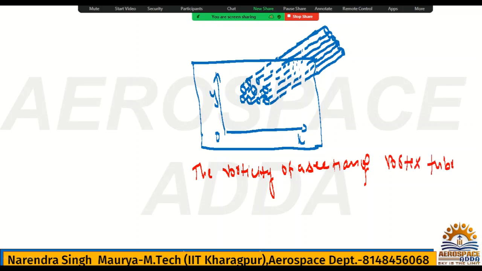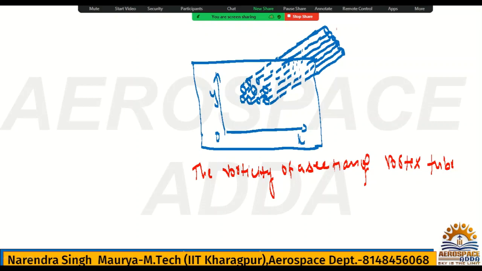Here all the vortex sheets combined create a tube, which is called an elemental vortex line or filament. If you make a bundle of it, that bundle is often called a vortex tube, just like a stream tube.